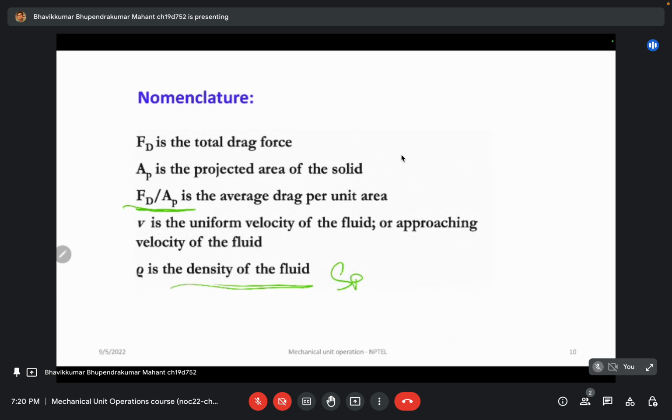As anyone can understand, it's not that complex. In an exam or assignment, if you find any problem which asks you to calculate the drag coefficient, you should know the different nomenclature and the data given, and how to calculate using Fd by Ap upon rho v square by 2. If you have all the values, you can just substitute them into the equation, and if you don't have any, you need to find them, and at the end you will get the drag force.